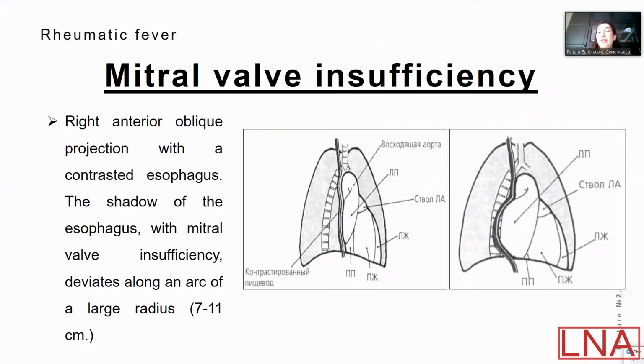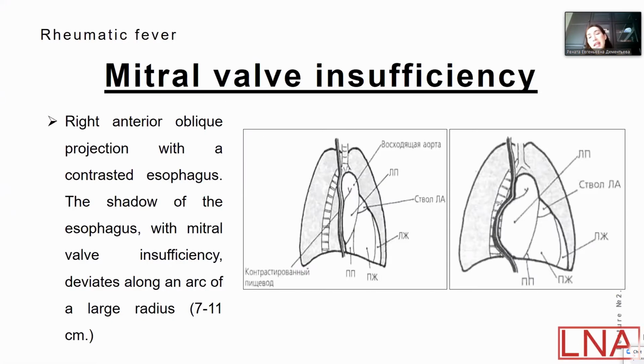About contrasting of the esophagus, in the right anterior oblique projection with the contrasted esophagus, the shadow of the esophagus in mitral valve insufficiency deviates by an arc of a large radius. Look, in case of mitral stenosis, it will be an arc of small radius.